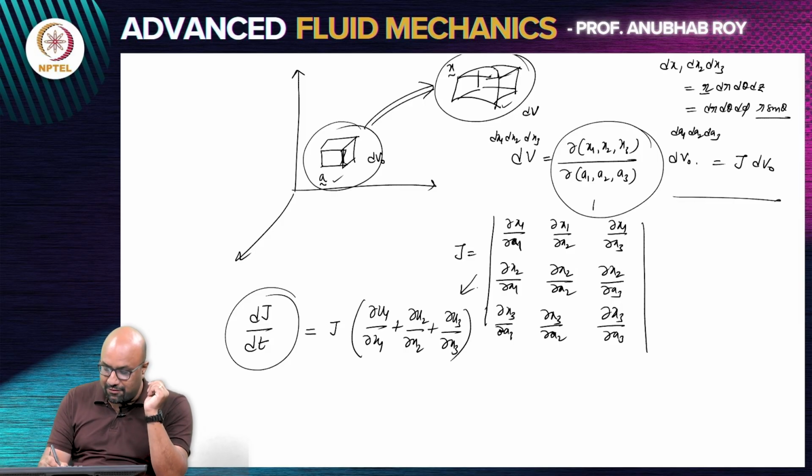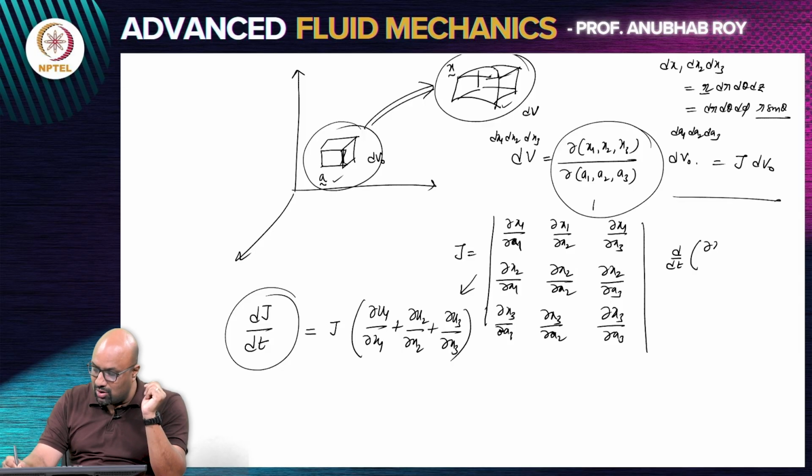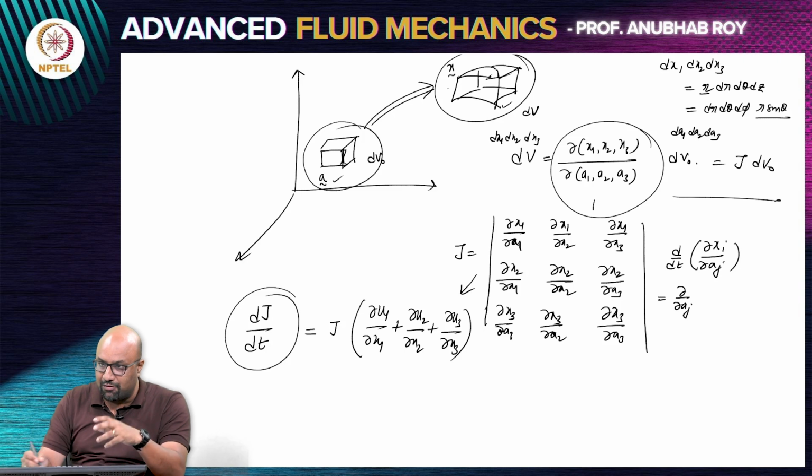This is coming from the fact that J is defined in this particular way. Just to illustrate one particular element, let's say you took the derivative of ∂xi/∂aj. I will take the derivative inside, because finally the quantity that is changing with time is this new deformed coordinate.